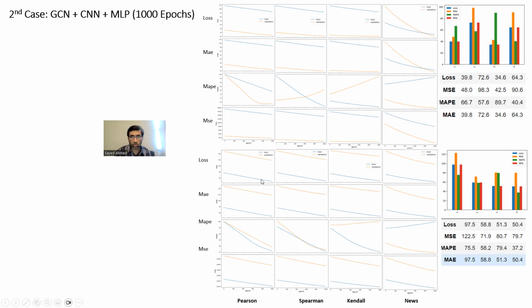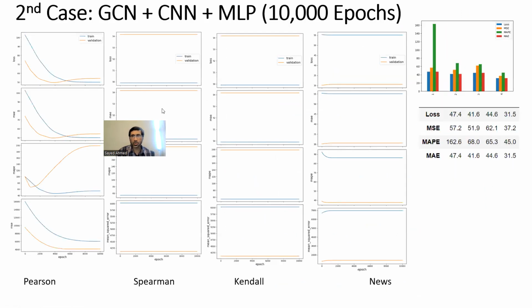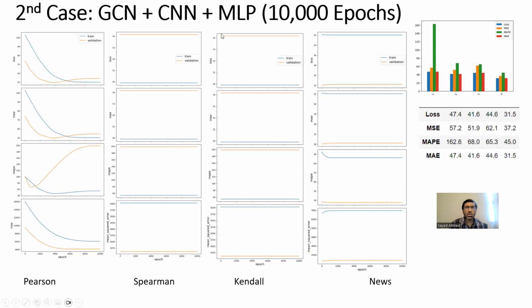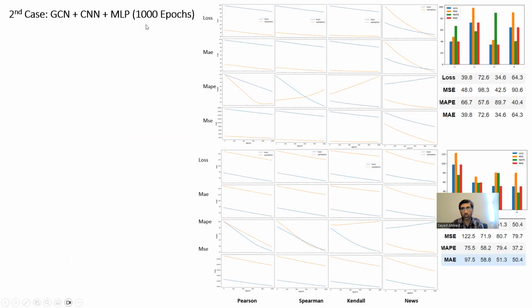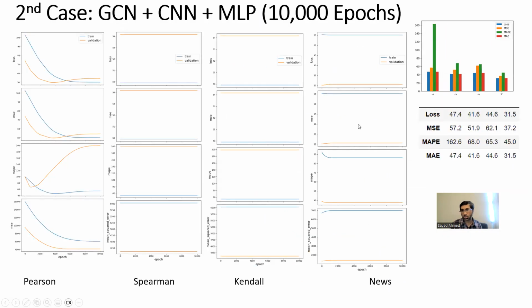So this is the one. So you can see still NEWS probably is the best, then probably the Kendall or probably Spearman and then Kendall and then Pearson. It's more close there, and you can see this validation and training following part. And now 10,000 epochs for the second architecture, GCN plus CNN plus MLP. For 1000, and this is for 10,000, right?